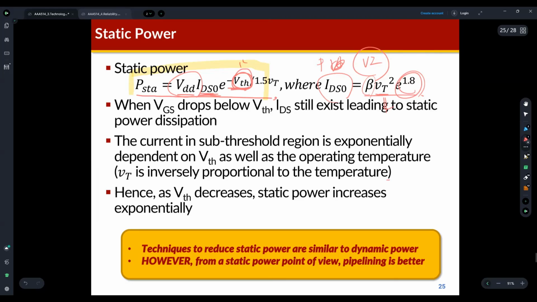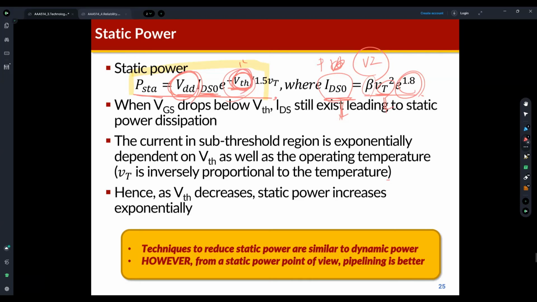If the working temperature is the same, then this static power is influenced by the threshold voltage. The other terms are some constant parameters. If the temperature is the same, this static power is proportional to the supply voltage and the threshold voltage.